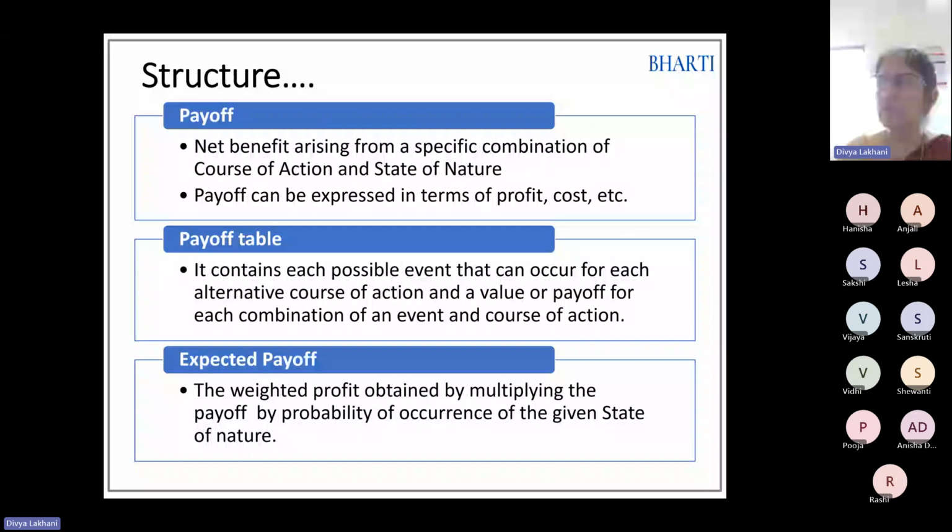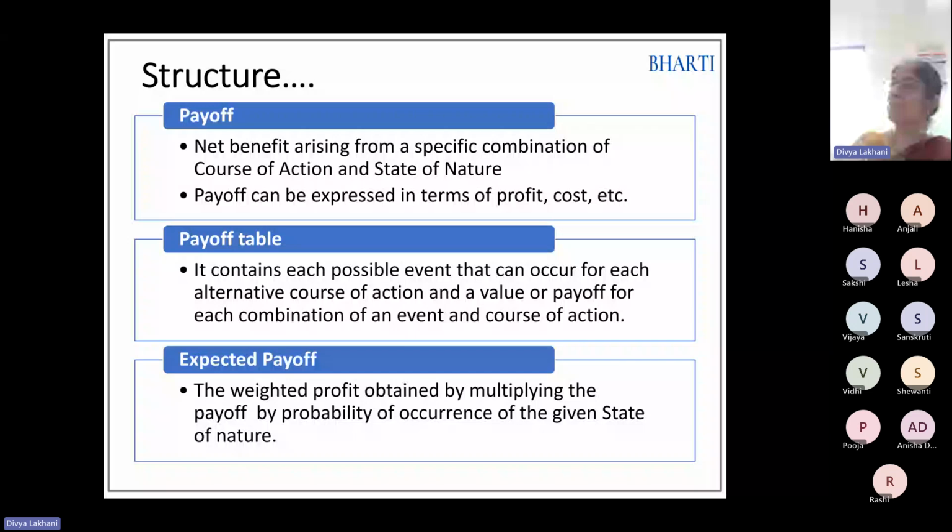It depends which variable you have chosen. It all depends upon the situation. What is the decision making environment? Are you focusing on the cost or the profit? If you're focusing on the cost, you will prepare a cost matrix that will be called a payoff table. But if you're focusing on the profit, then it will be a payoff representing the profit.